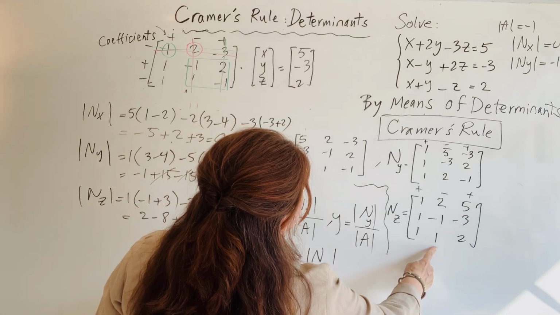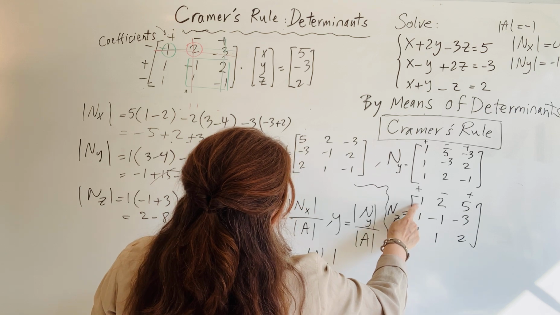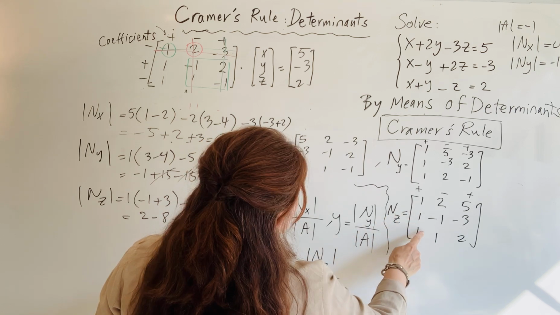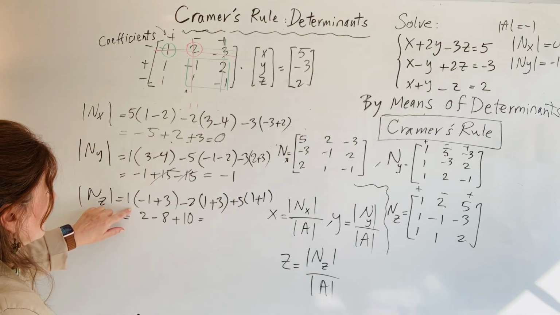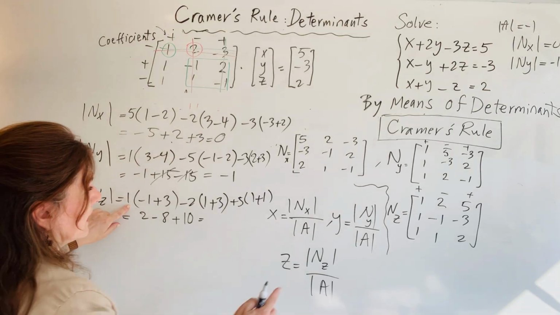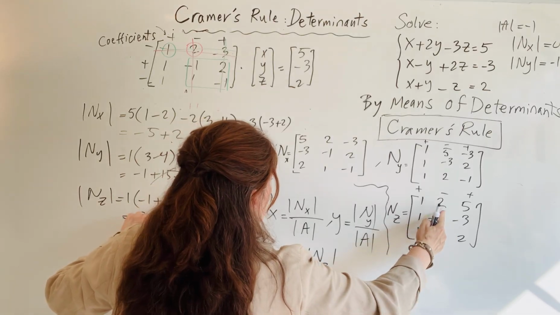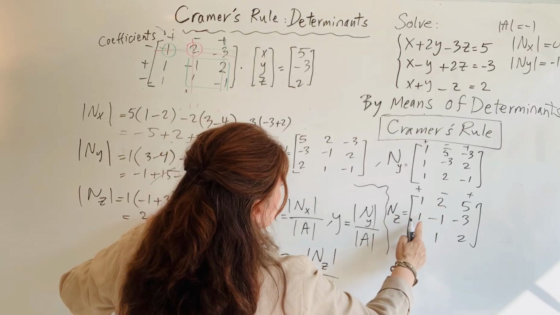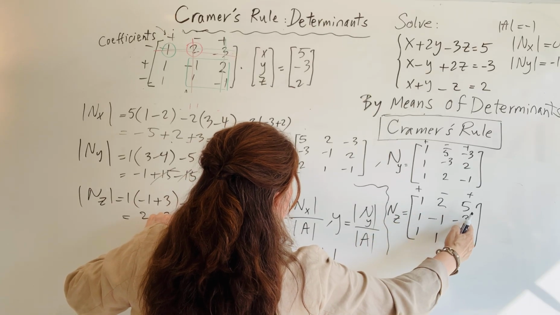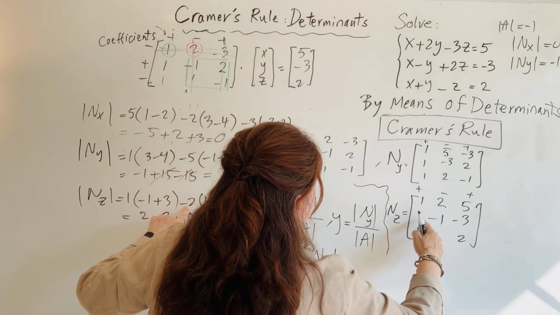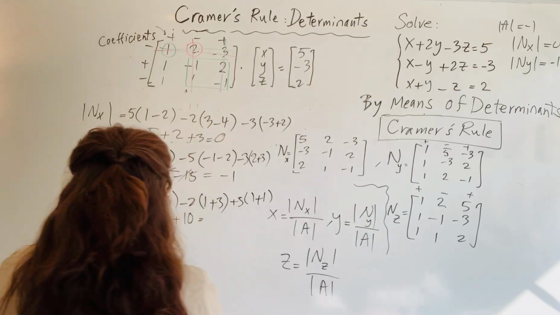This one is okay. But 1, 2, 1, -1, 1, 1. I need to check this one more time. 1 is -1 plus 3. -2 times -2. -2 times this, 2 minus this is 2.